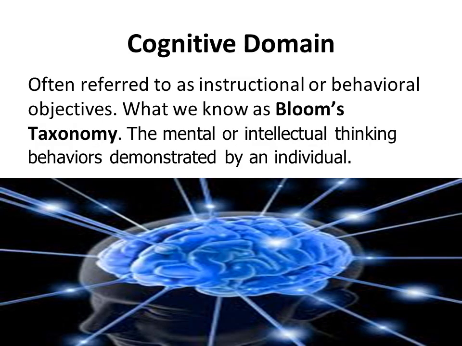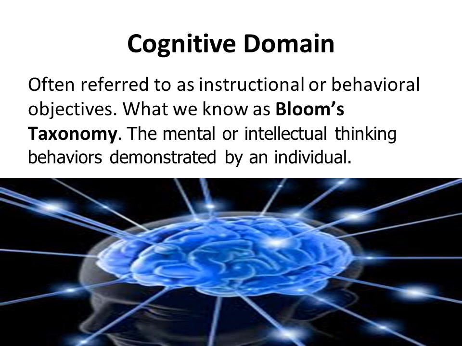As also detailed in Chapter 4, specifically in Table 4.3 on page 55, there are different types of learning outcomes or objectives. They can be grouped under the cognitive, affective, or psychomotor domains. First, the cognitive domain often refers to instructional or behavioral objectives or outcomes.